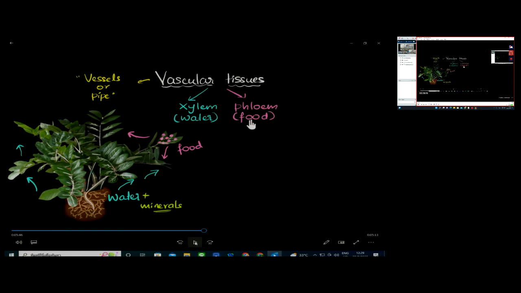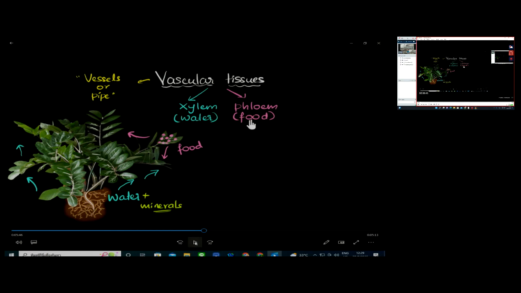So this is the transportation system that we are talking about. You also saw that the roots and the stem have got a different structure of the xylem and the phloems, because underground they need to be protected from damage.